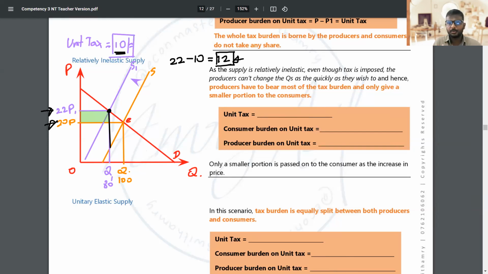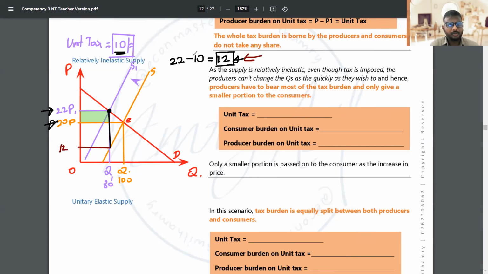Whenever a unit tax is imposed, the supply curve shifts parallelly, and the vertical gap between both the curves will always be equal to the tax amount. That means between these 2 points, the gap will be equal to 10. Once you are here, if you draw a line towards the price axis, it will get you to the producer price after tax, which is this 12 rupees.